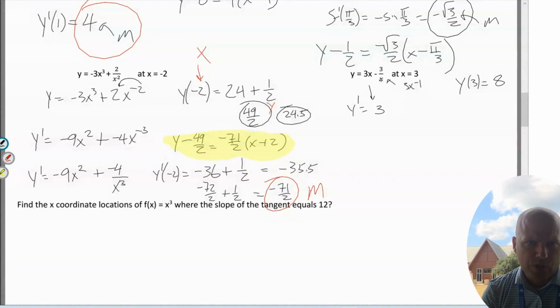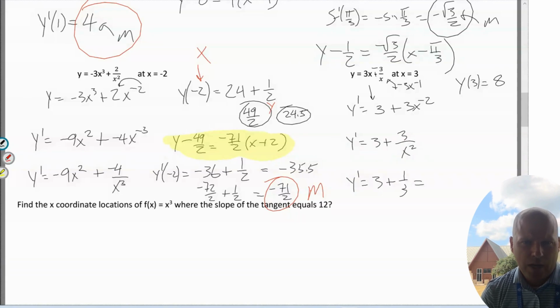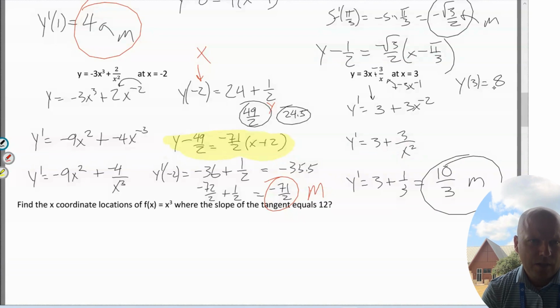The slopes are positive 3x to the negative second. So I'm going to plug in 3 in here, and I get 3 plus 3 ninths. 3 ninths is 1/3. I get 9 thirds plus 1/3, which is 10 thirds. That's my m. This is my x and my y. Y minus 8 equals 10 thirds times x minus 3.